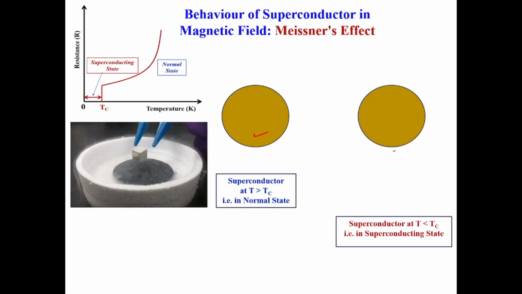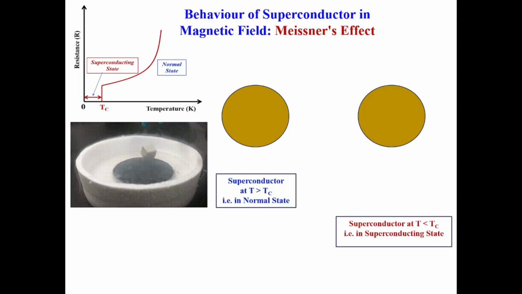In situation 2, the superconductor is at a temperature below TC, that means in the superconducting state. Now we are going to apply a magnetic field on both these situations. First we apply the magnetic field on the first situation, the normal state.